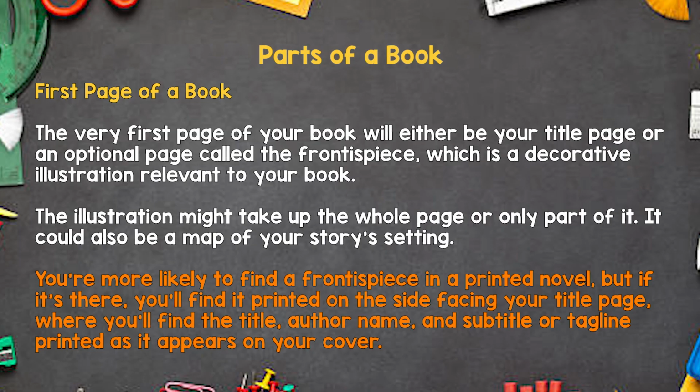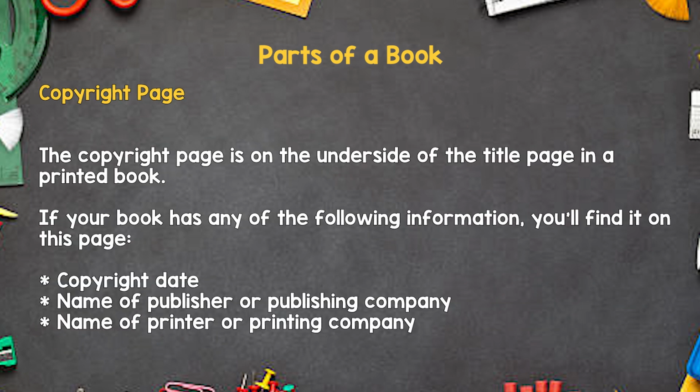You're most likely to find a frontispiece in a printed novel, but if it's there, you'll find it printed on the side facing your title page, where you'll find the title, author's name, subtitle, or tagline printed as it appears on your cover. Let's examine the copyright page.